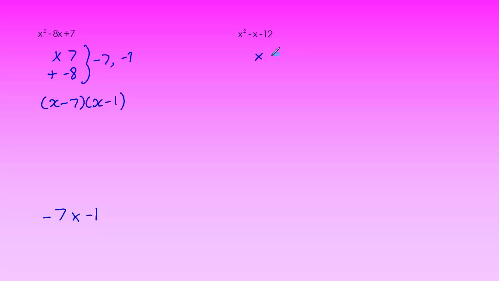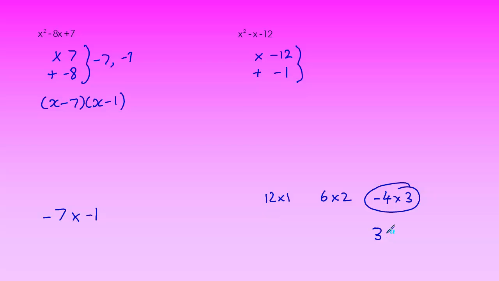Here we want to multiply to give negative 12 and add to give negative 1. Now 12 can be 12 times 1, it can be 6 times 2, it can be 4 times 3. We want a difference of 1, so it's got to be here, and that means it could either be 4 by 3, or negative 4 times 3, or it could be negative 3 times 4.